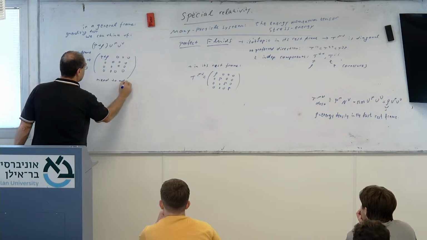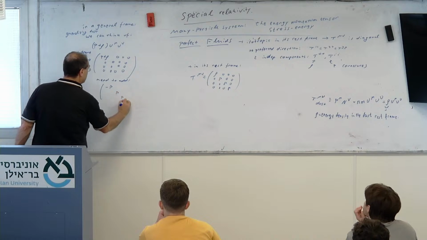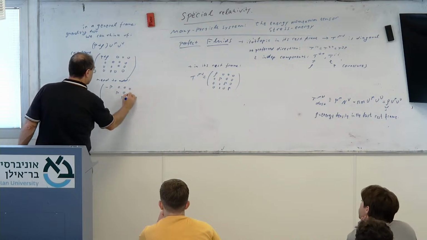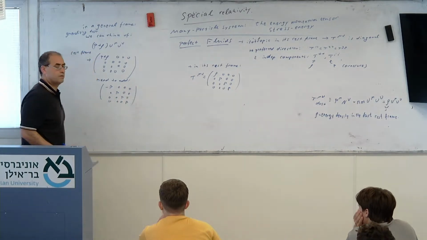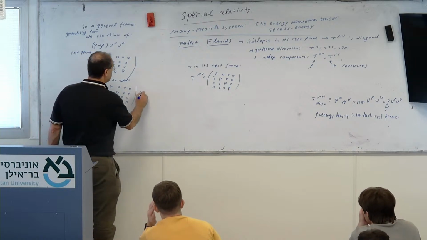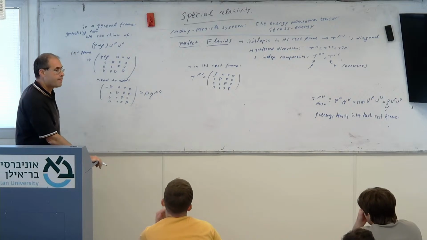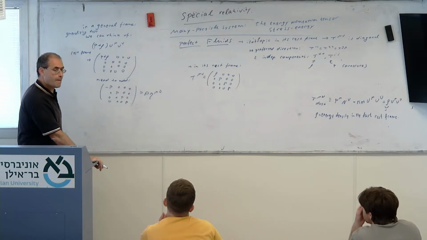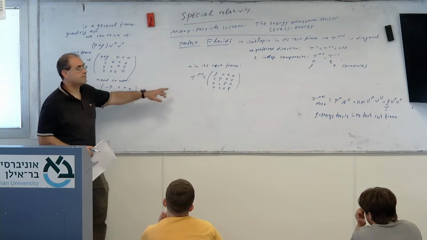P times metric. Exactly. So I need to add minus P, P, P, P. This I know what it is. This is P times eta mu nu, the inverse metric, because I want to keep up indexes.